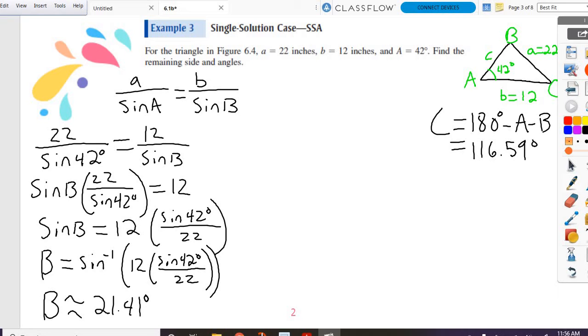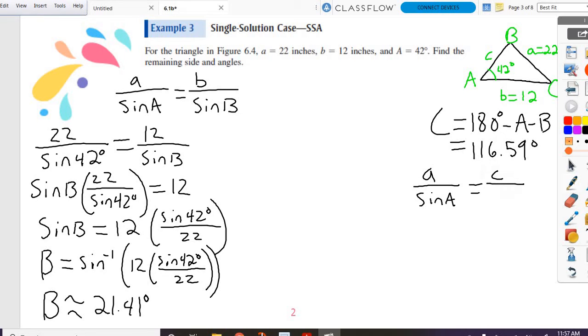However, notice that we had to round to find big B. So if we use a rounded answer, we're making our rounding error much larger. So if there's any way to use the original information that they give us, that's what we want to use, if at all possible. Sometimes that won't always be the case, but this time we can.